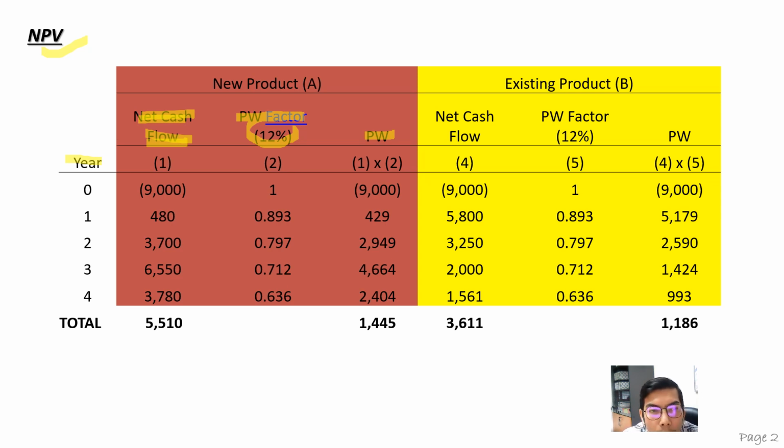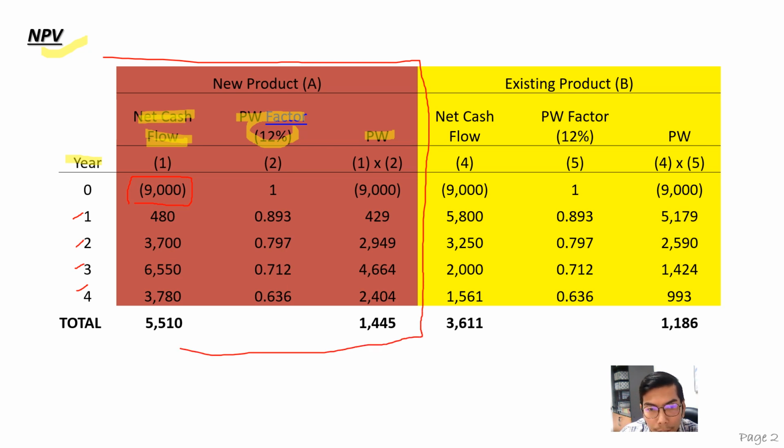For year 0, your starting point is you're going to spend 9,000 ringgit, which is a negative value, because you have to invest 9,000 ringgit. This is your expected cash flow for year 1, year 2, year 3, and year 4. Focus on the new product only.